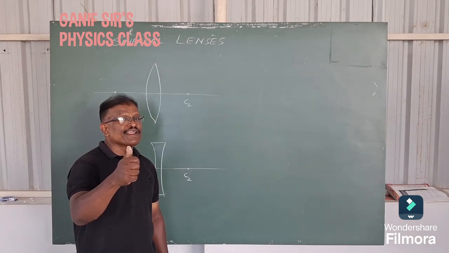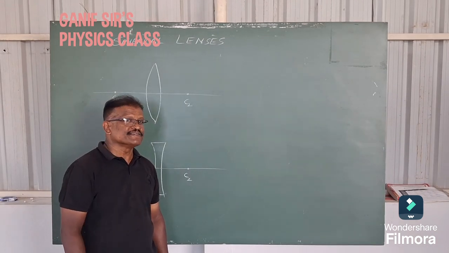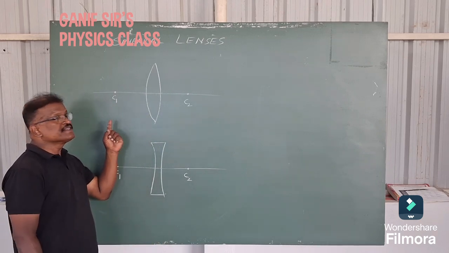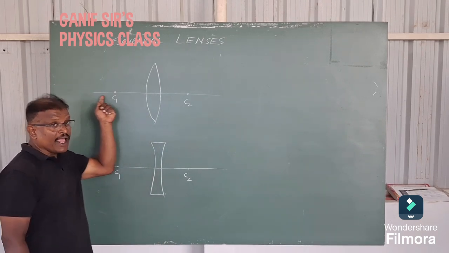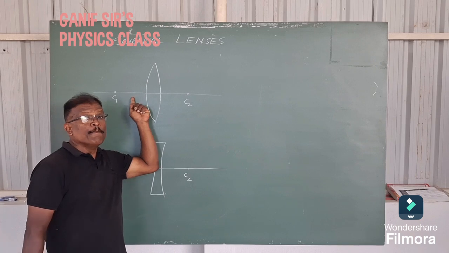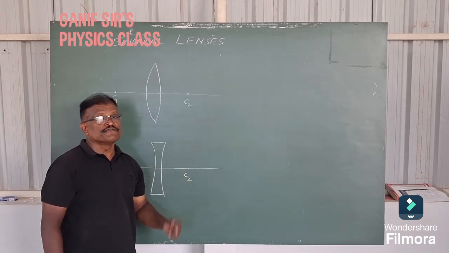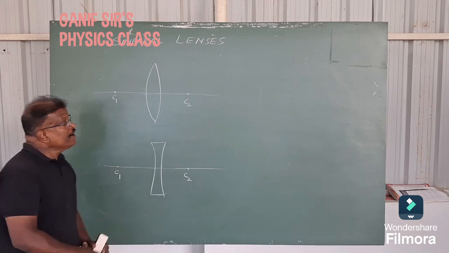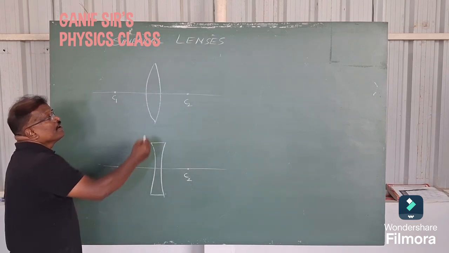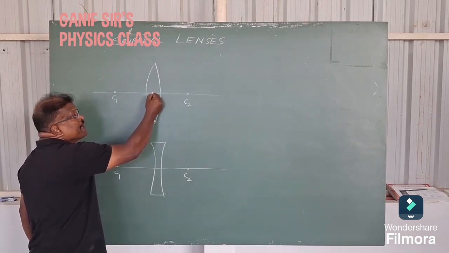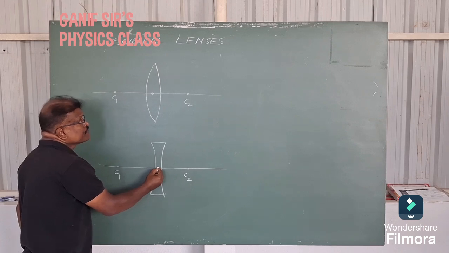Then how can we define the principal axis of a lens? The principal axis of a lens can be defined as a straight line passing through the centers of curvature of the lens. And another thing, there is a point inside the lens.